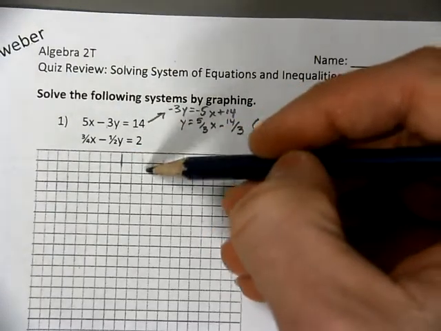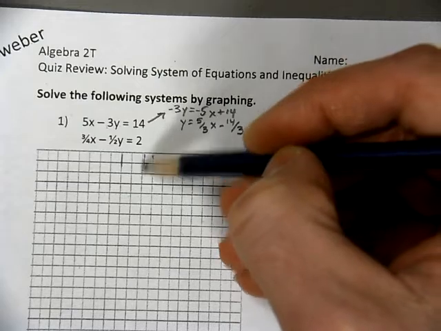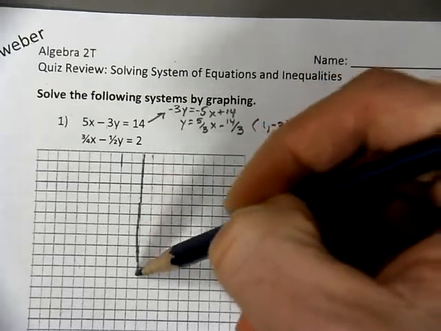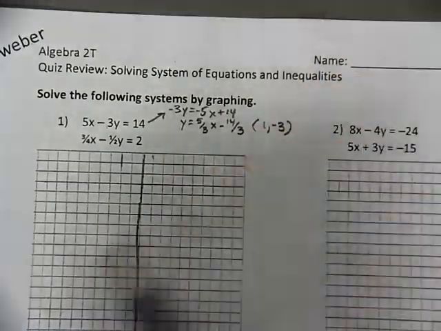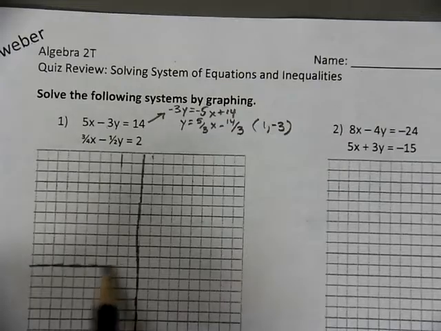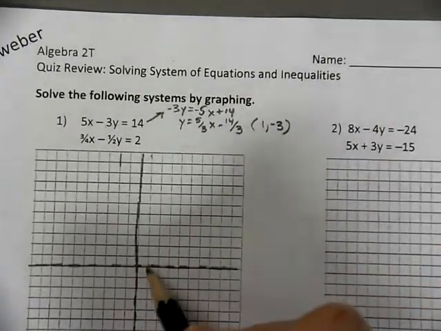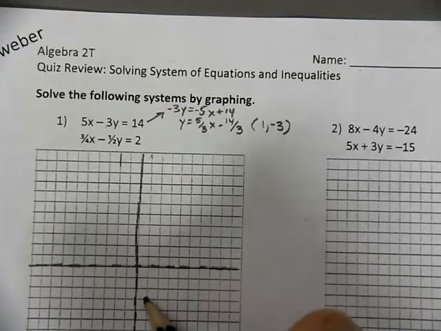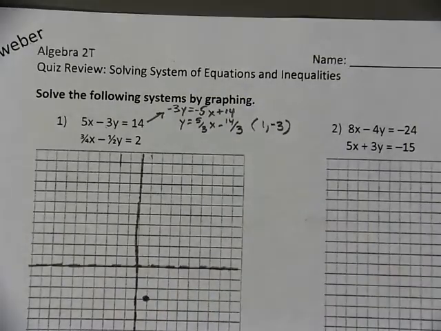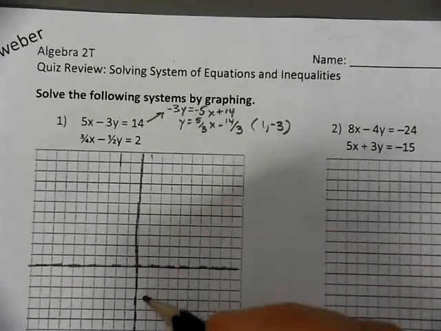Let's see, we make our xy axis. I know I have this point at 1 comma negative 3, and I have a slope of 5/3.